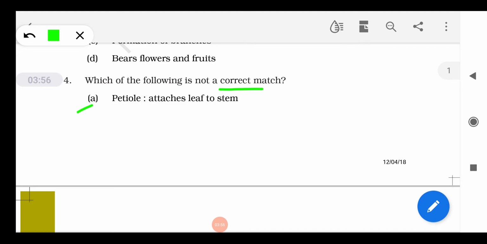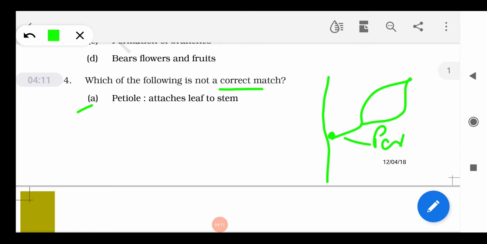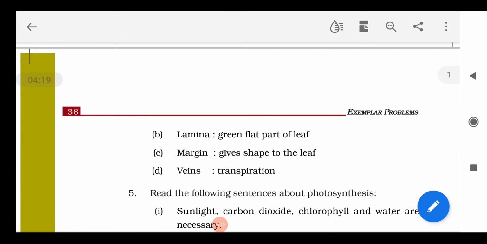You know what is petiole? Suppose this is a stem and this is leaf. Now the leaf is attached to stem at the point of petiole. This portion is called petiole. Now next is lamina.